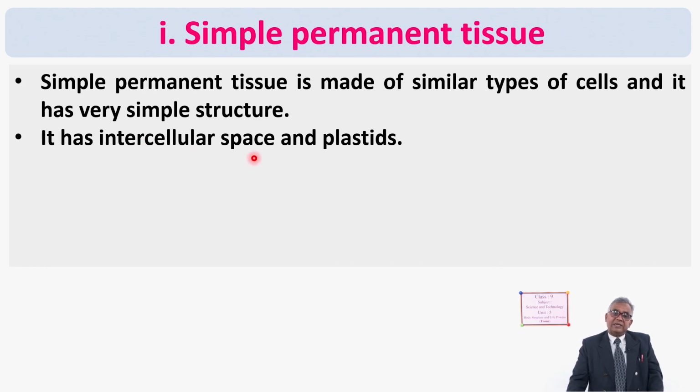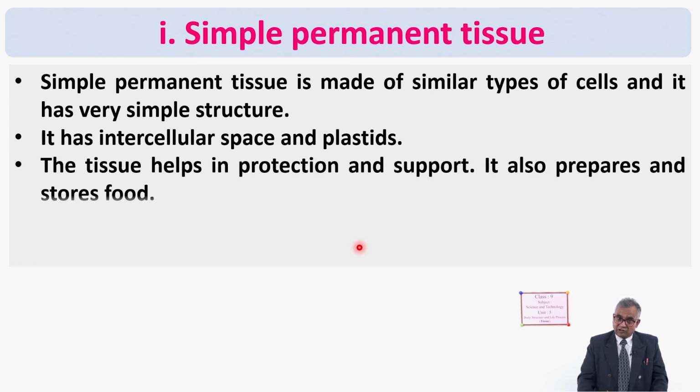It has intercellular space and plastids. And remember, all the permanent tissues have intercellular space. I am not saying that all of them have plastids too, but intercellular space is found in all of them. So you can write this point for all of the permanent tissues. But simple permanent tissue has plastids also.